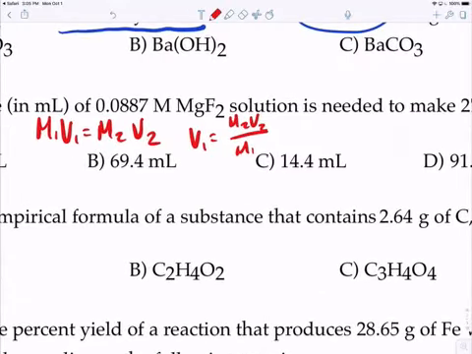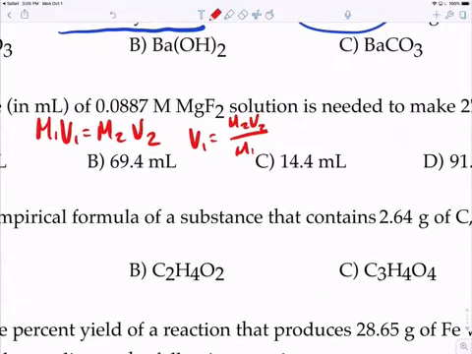And again, you have the equations. Molarity is moles per liter times volume in liters. That's moles. Moles equals moles. That's basically what it's saying. The moles do not change, and you put in the numbers.